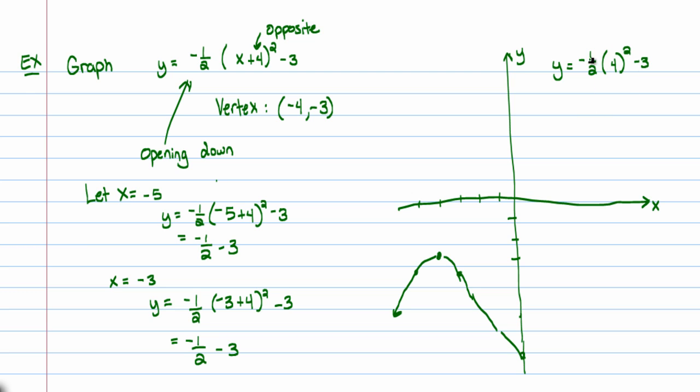That's 16 times a negative 1/2, or in other words, a negative 8 minus 3, which is a negative 11. So I know that this happens at x equals 0, y equals negative 11. And you know the axis of symmetry, by the way, is along the center line. That center line occurs where the vertex of the parabola is, at x equals negative 4.